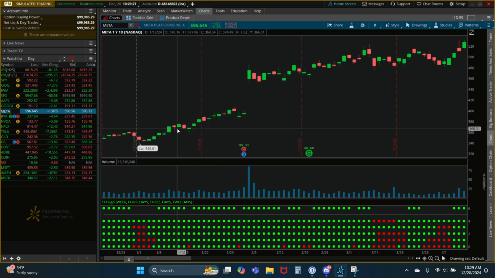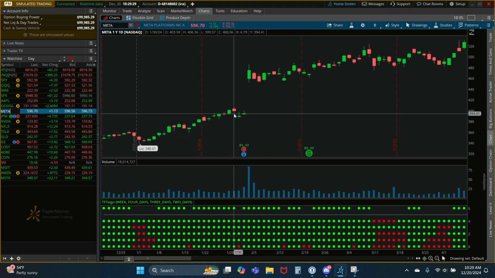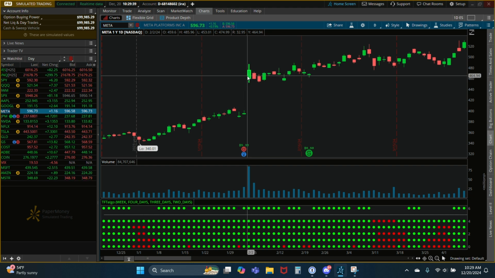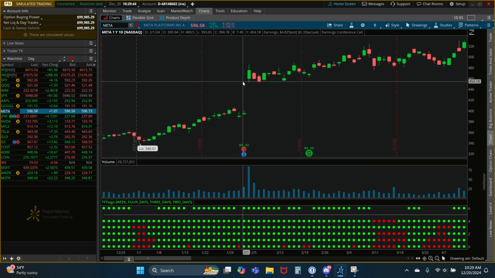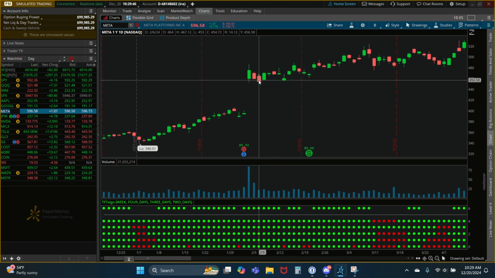So let's say that we got long somewhere in here, and then let's see, Meta earnings came out, there was a big pop, and you're wondering whether or not you should stay in the trade. Well, you could definitely take your profits. That's something that's never a bad idea, but the trend here is still bullish. There's still really not any reason to sell.